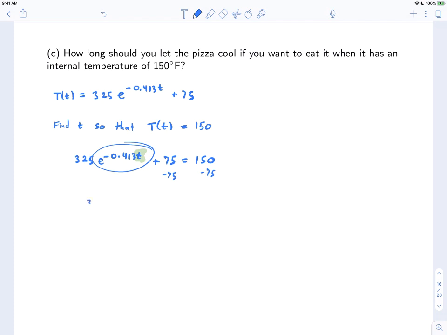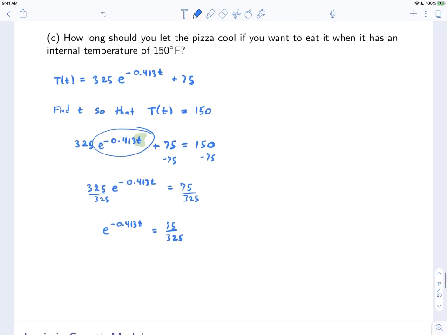So then on the left we'll have 325 times e to the minus 0.413 t equals 150 minus 75. 75 is half of 150, so we'll just be left with 75. Now we divide by 325 on both sides. So e to the minus 0.413 t is equal to 75 over 325.